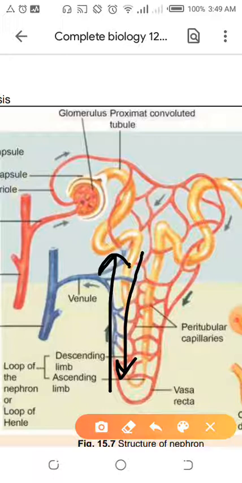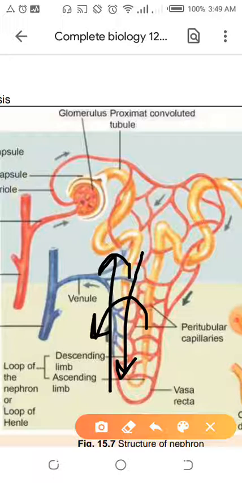They move in opposite directions. When both liquids move in opposite directions, the water comes out from the descending limb to the vasa recta. Because both flows are opposite, the movement of water molecules from the descending limb to the vasa recta becomes a little easier.